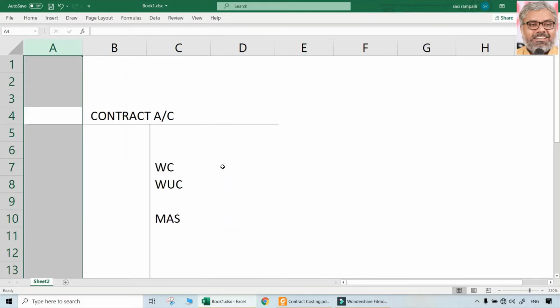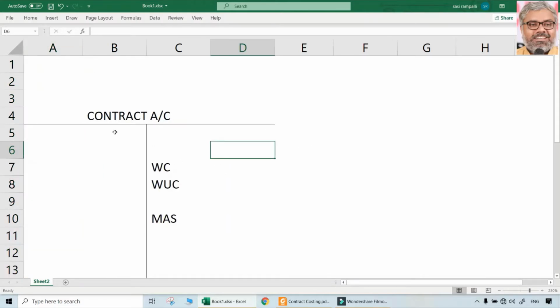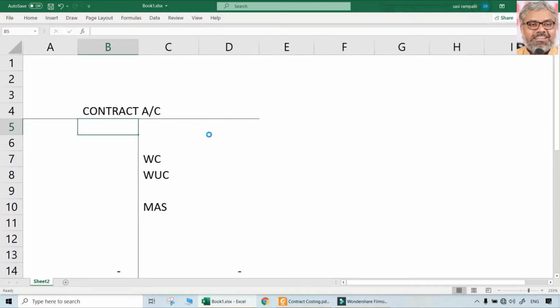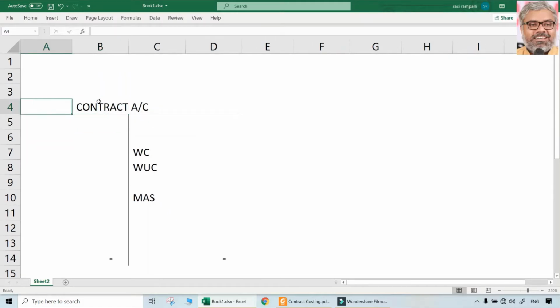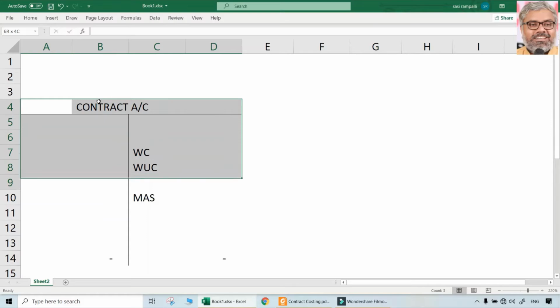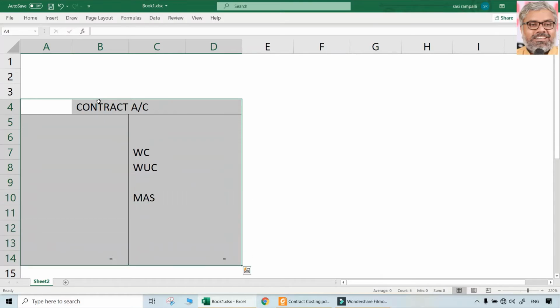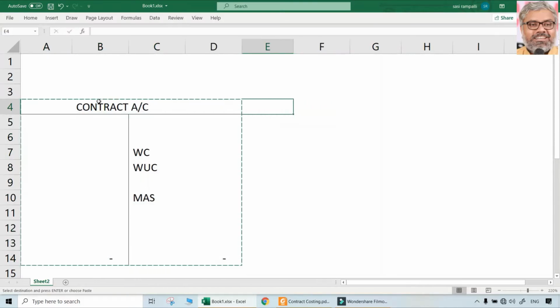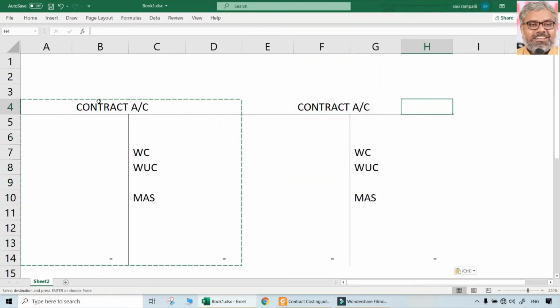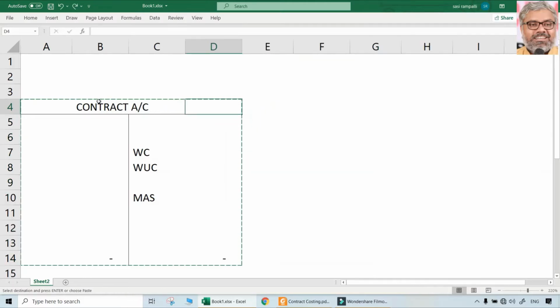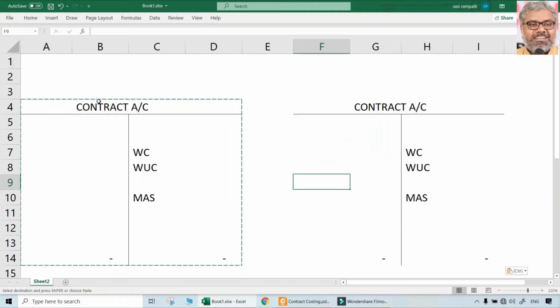So let us prepare 3 different contract accounts. Of course, year after year only we have to prepare.